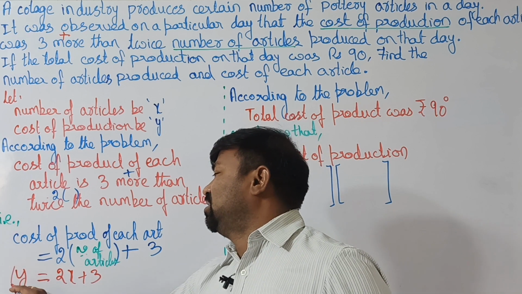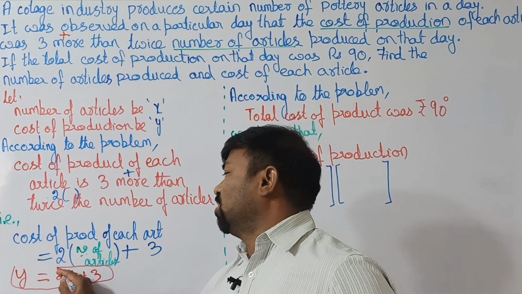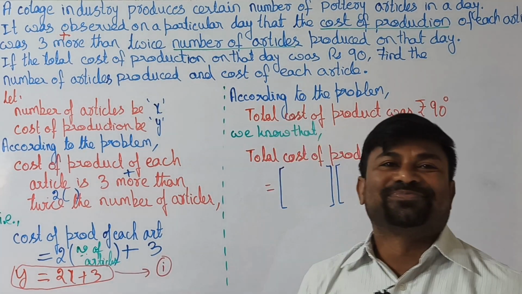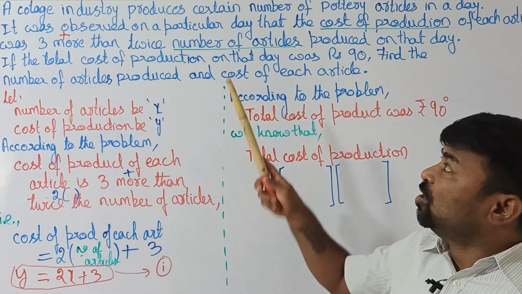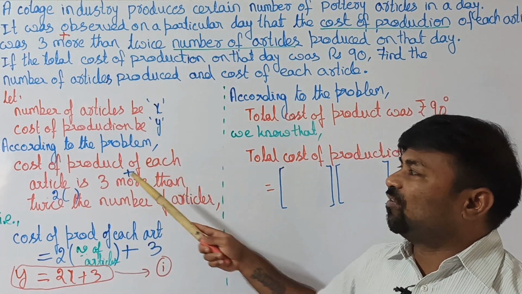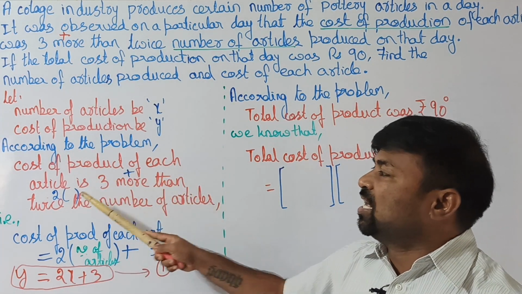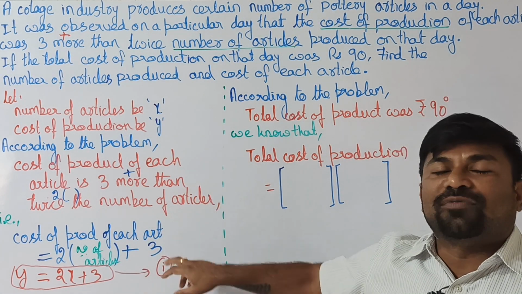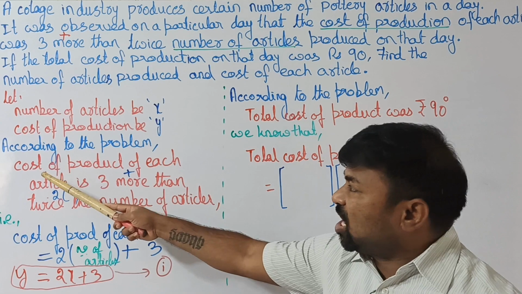This is the one we were waiting for. I like to call this equation 1. I repeat, we have taken the first relation he has given in the question: the cost of production of each article is 3 more than twice the number of articles. The sentence form you first convert into symbols. That is cost of production.